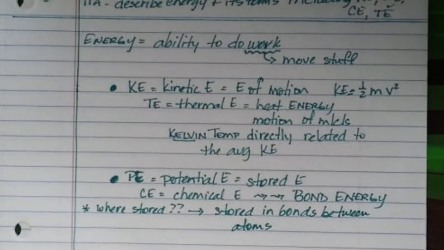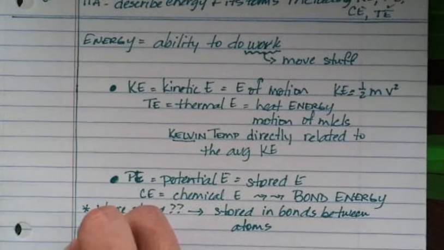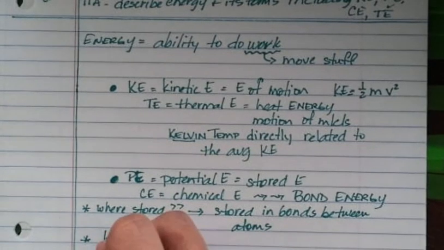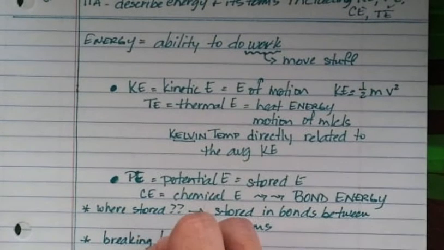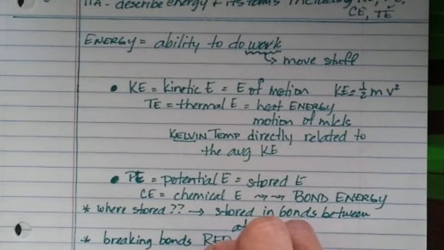So if we can break those bonds, or make those bonds, making and breaking bonds, then we can have access to that energy. So there are two major other pieces of information. When we break bonds, it requires energy. So breaking bonds requires energy.